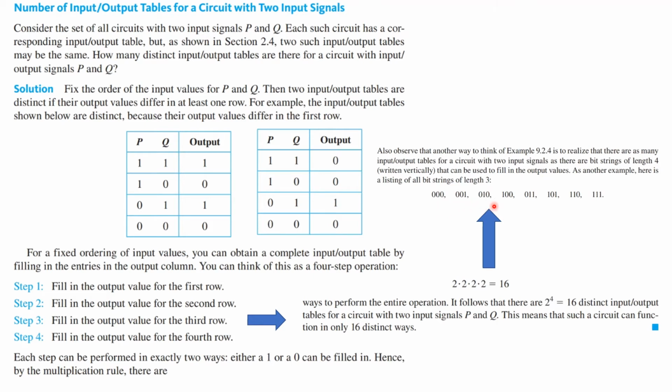So you fill those out, and that's going to be the listing of all those bit strings. And you can see there are 2 times 2 times 2, which is 8. That's 2 ways to fill the first one, 2 ways to fill the second one, 2 ways to fill the third one.